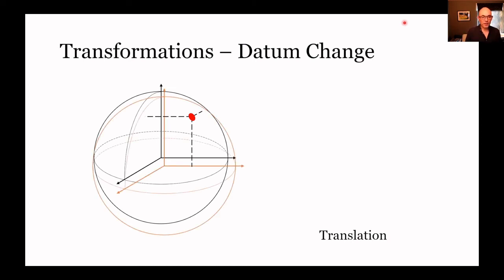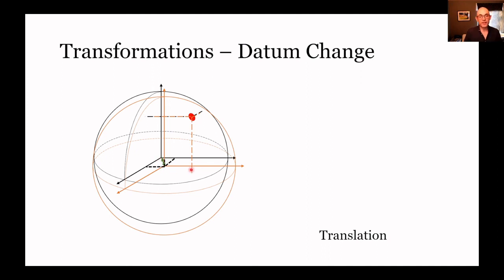So we have our two different models of the Earth. We've got a point on the surface of the Earth in our geocentric Cartesian coordinate system, with the x, y and z marked out here in reference to the central point. Then we need to move over to our new model of the Earth, the orange one. To do that, we need to find out what that translation is. What is that distance from there to there?